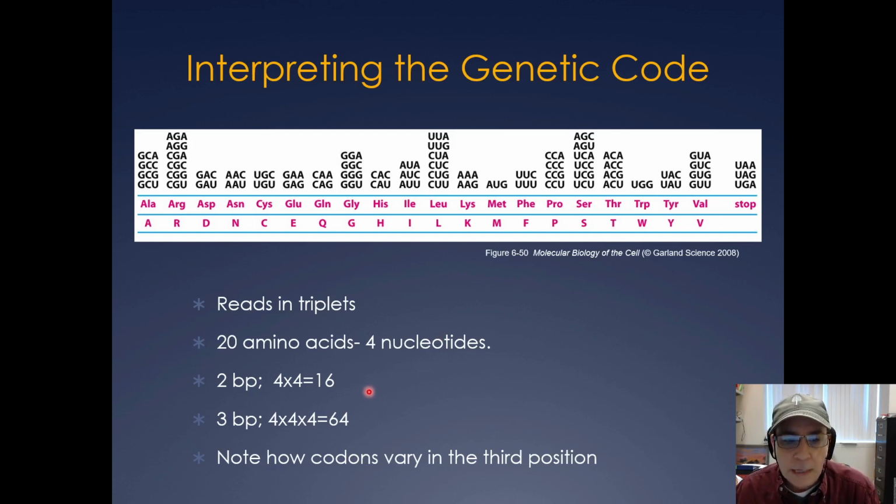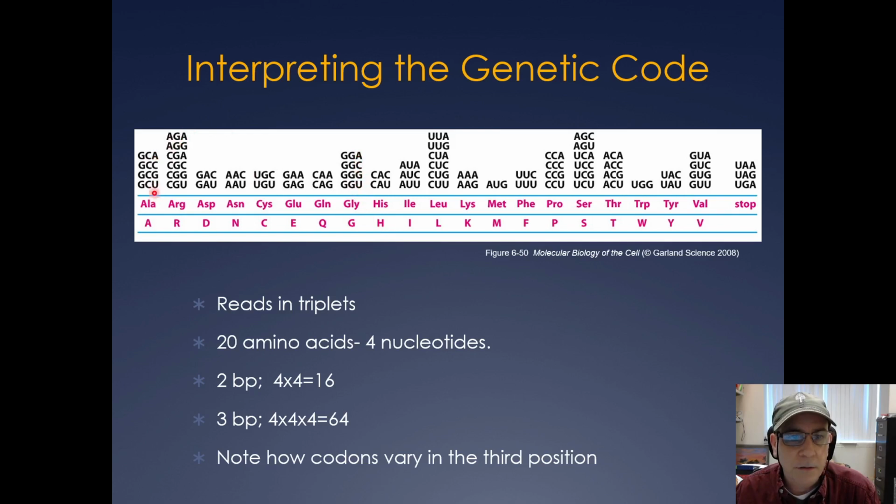And so if it was just 2 bases long, it could only accommodate 16 amino acids, right? 4 by 4. With 3 bases, you can accommodate 64 different codons. So some of these codons are used multiple times. And you'll notice a lot of them vary in the 3rd position.